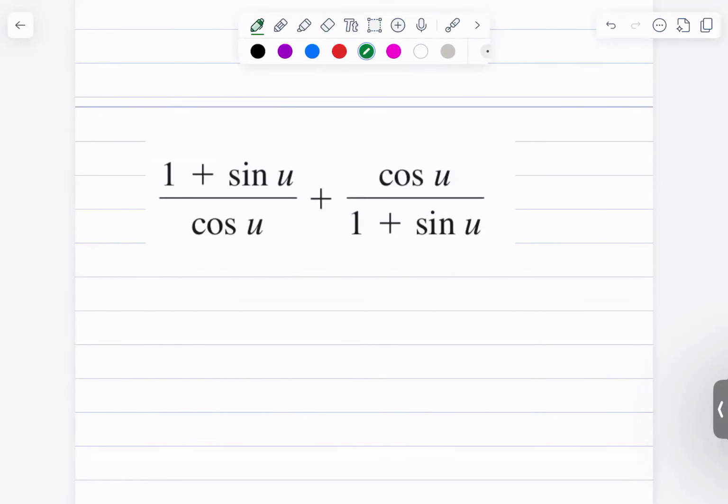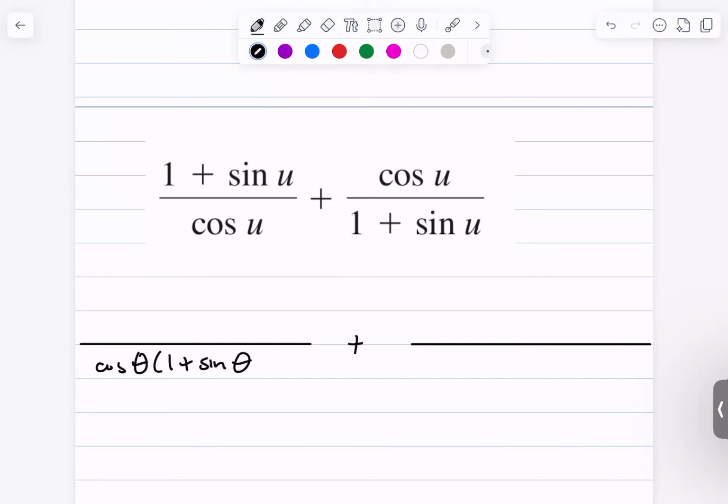What is this mess? It's okay. I'm going to get the common denominator. Common denominator for all of this is cosine theta times 1 plus sine theta.